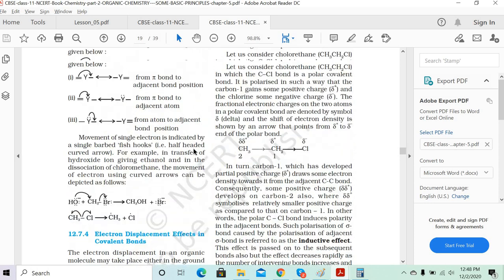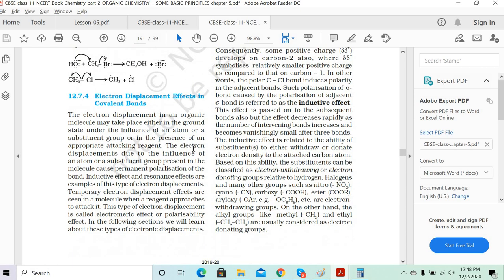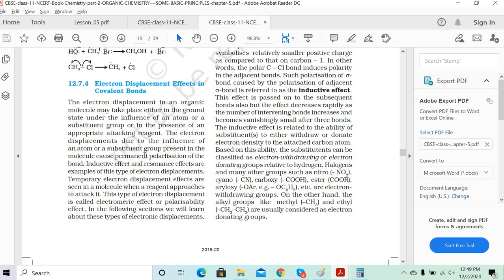Now, electron displacement effects in covalent bonds. The electron displacement in an organic molecule may take place in the ground state under the influence of an atom or a substituent group in the presence of the appropriate attacking reagent.